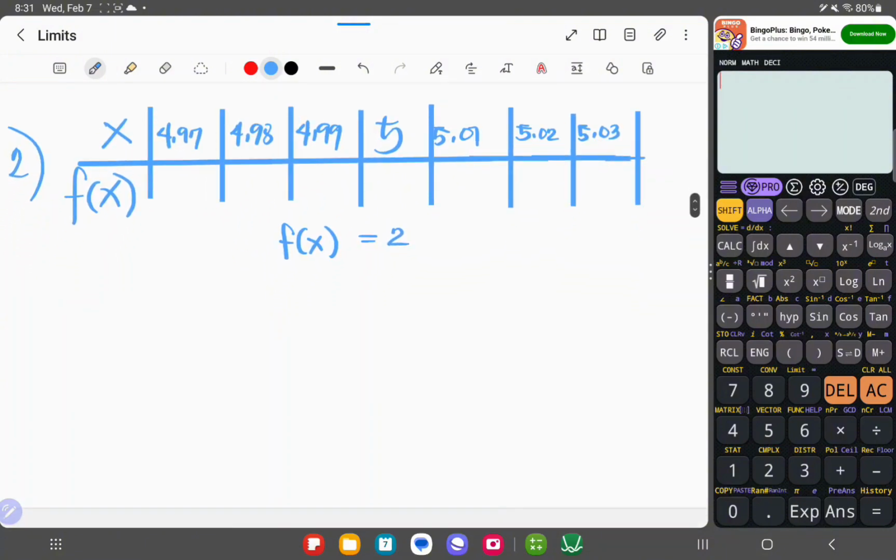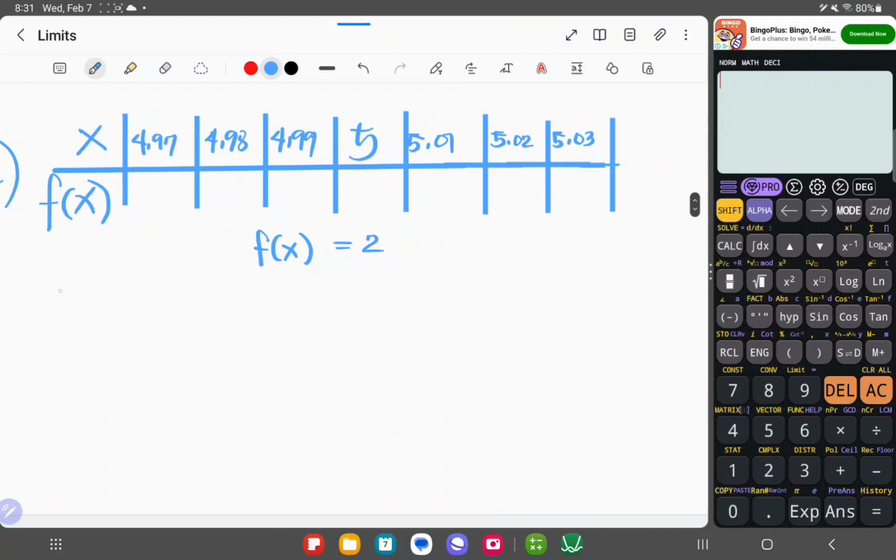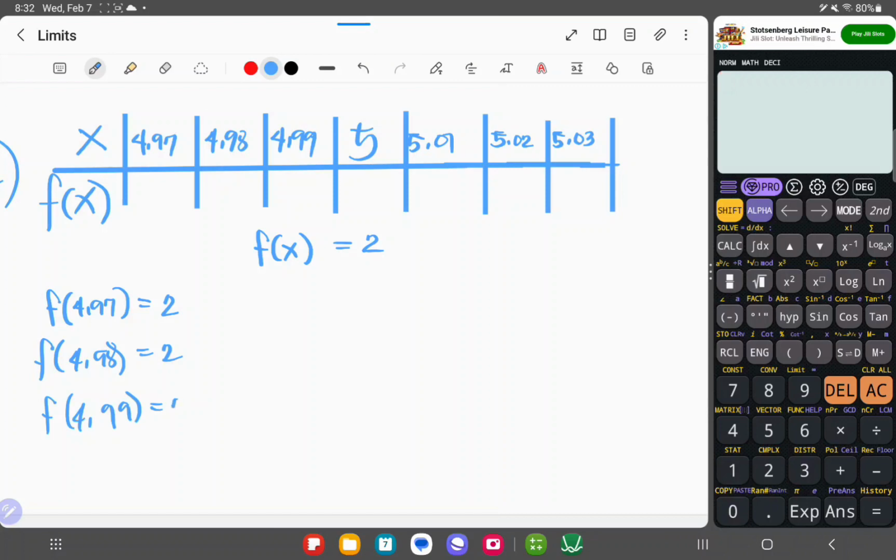Now, if you substitute 4.97 in our function, f of 4.97 is equal to 2. Our 4.98 is also equal to 2, and our 4.99 is equal to 2, meaning these are all 2.